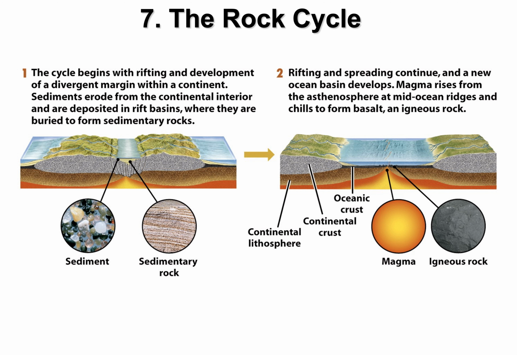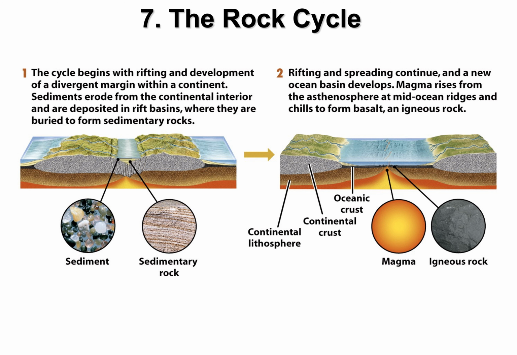Here we have the rift basin. Then you have in these small inset pictures the sediments, and another inset which shows you the result, and that is then the sedimentary rock.